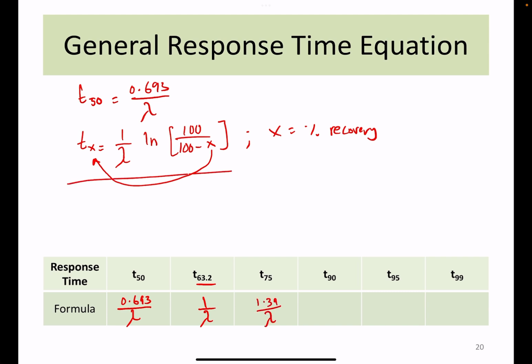You could use this equation and plug it in. T90, 90% of the removal, is 2.3 over lambda. And T95, 95% of the removal of the organic, is 3 over lambda. And this one is 4.6 over lambda, T99, 99% removal, which is really good.